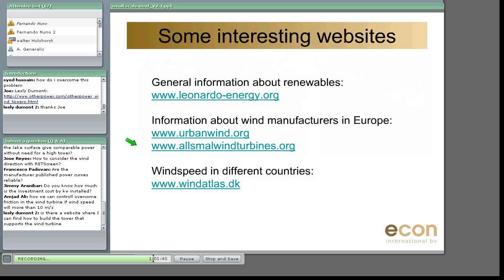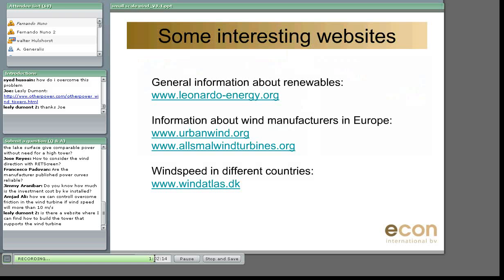I see in the introductions window there is a reference to otherpower.com, other power wind towers. So thank you very much, Joe, for this reference, and you can use also this website. We note this is all very interesting questions and feedback to provide additional contents on this issue.